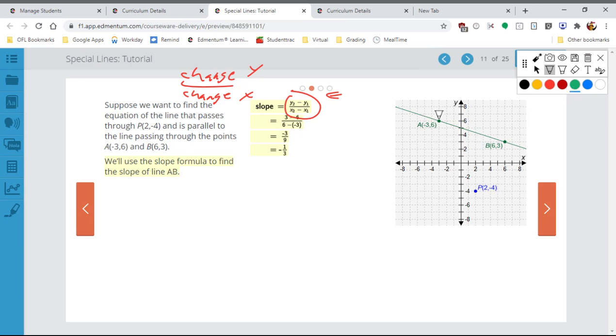So you're going to take your y2, this one, and subtract it from your y1. Well, this is the same thing as just calling it your rise. By taking this minus this, in this case you end up getting a -3. You went down 3.